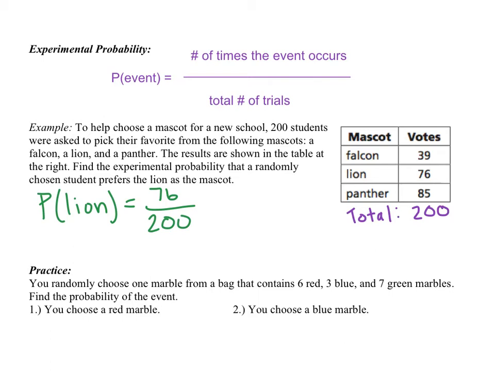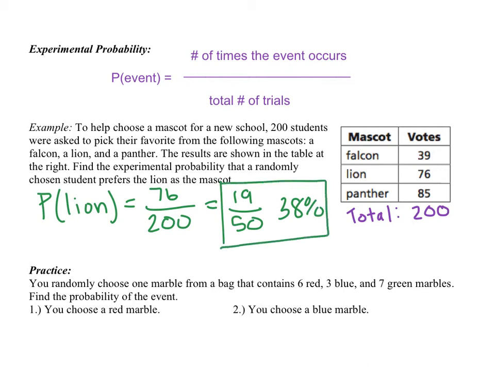So 76 over 200, if you simplify this, would be 19 over 50, which would be about a 38% chance that someone would pick a lion as their favorite over the falcon or the panther.